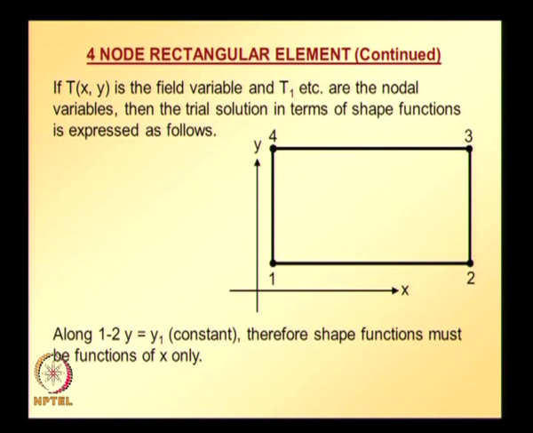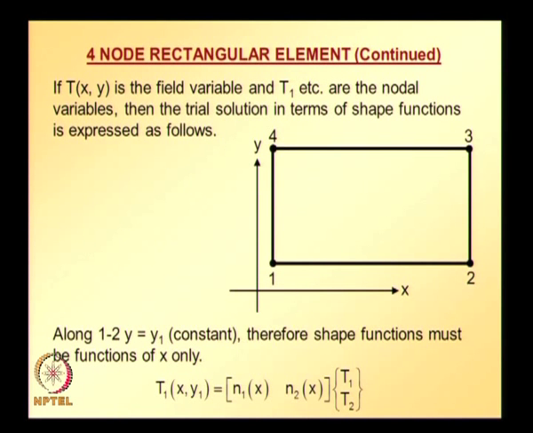So now we are going to write shape functions along line 1 2. The field variable variation along line 1 2 is denoted with T1 and it is going to be a function of x alone. n1 and n2 are going to be Lagrange interpolation functions, T1 T2 are the field variable values at node 1 and node 2.